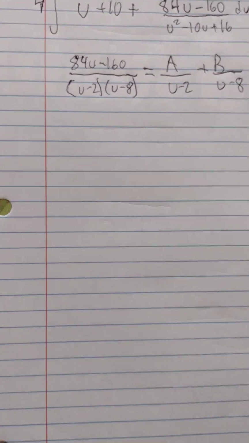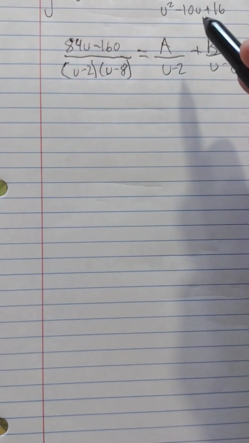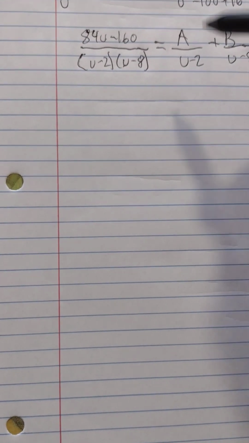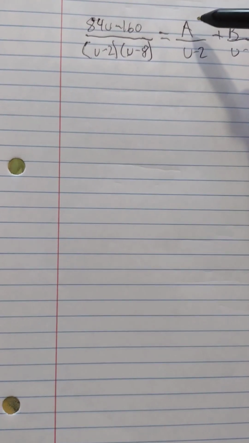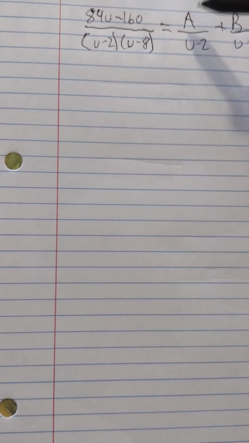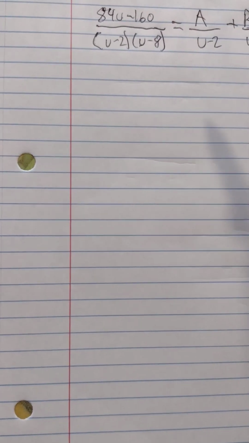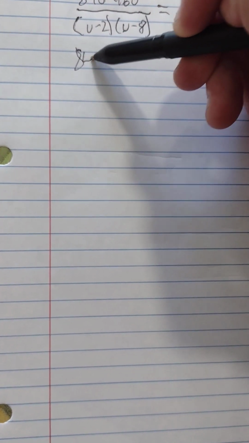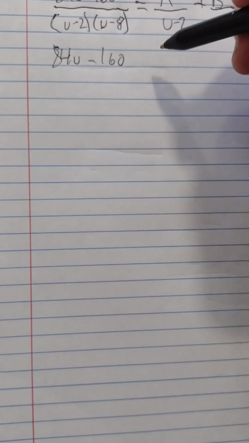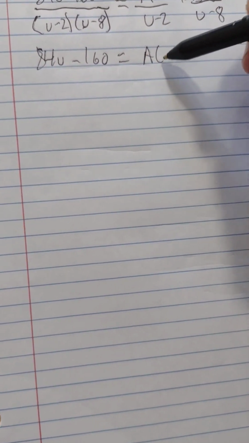Right? So multiplying the denominator out, we'll multiply the denominator by a, and the u minus 2's will cancel out. So we have 84u minus 160 is equal to a times u minus 8, plus, and multiply the denominator by b, the u minus 8's will cancel out.